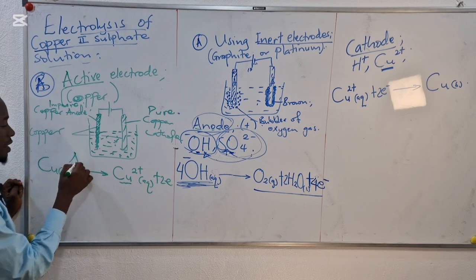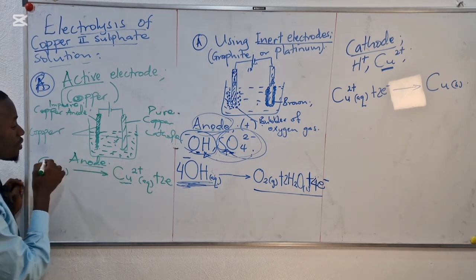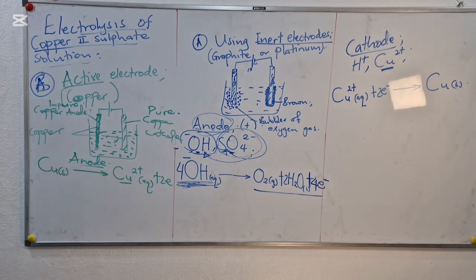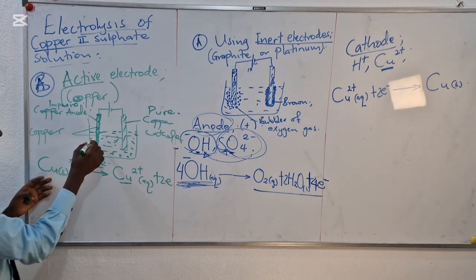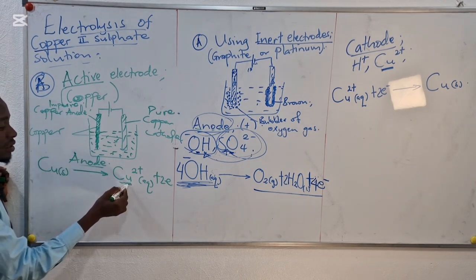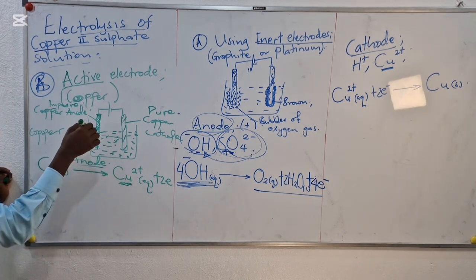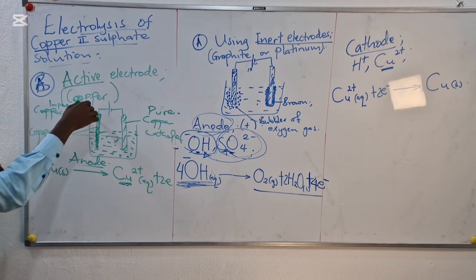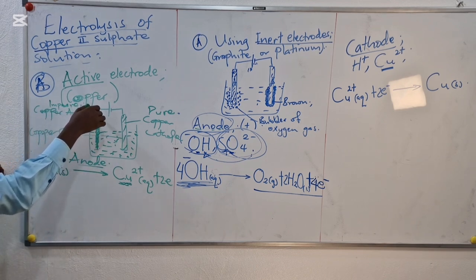So this is what happens at the anode. There will be decomposition of the electrode, forming or increasing the ions of that substance used as the anode.